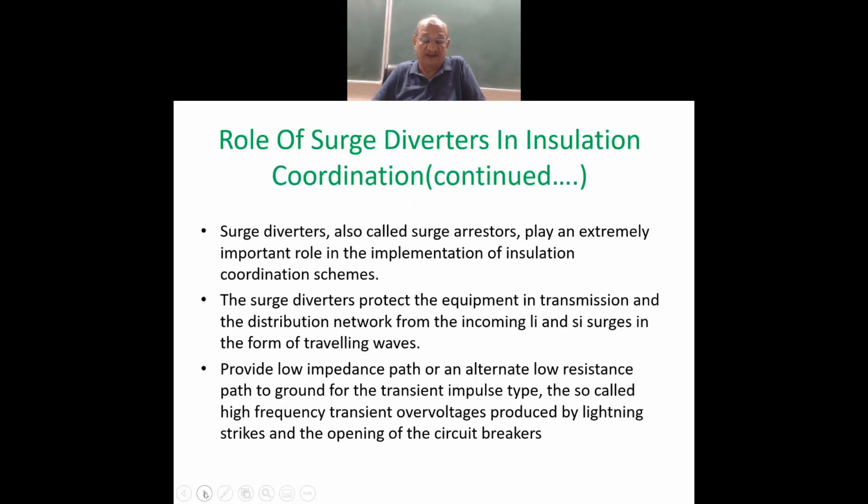I would not like to call it high frequency because there is no frequency involved. It's only a pulse produced by lightning strikes and also by opening the circuit breakers. That is switching surge, how they are produced. We have learned in detail in the last lecture.